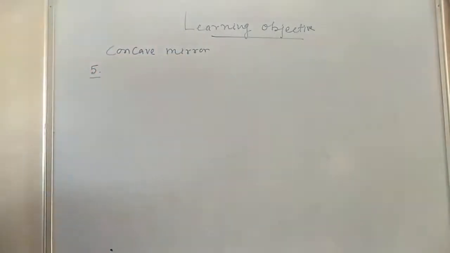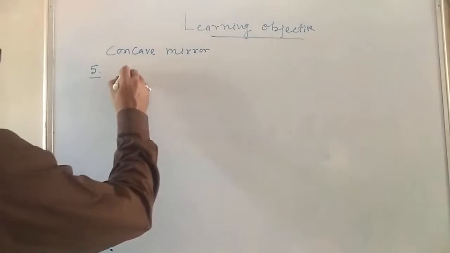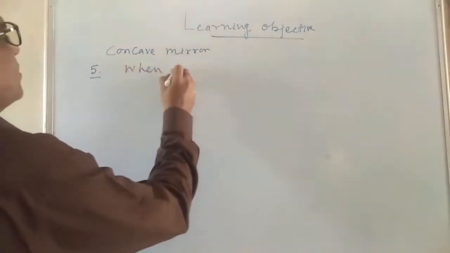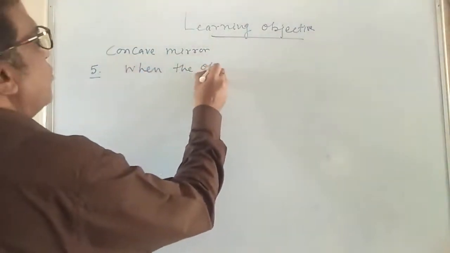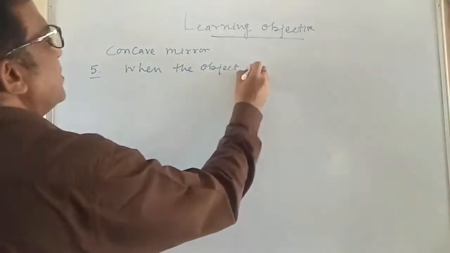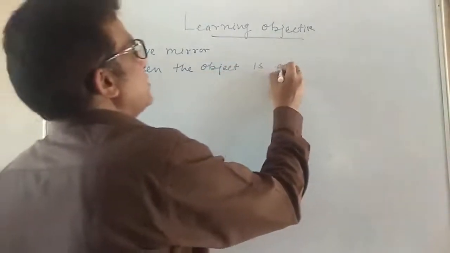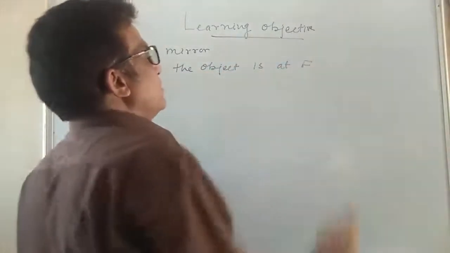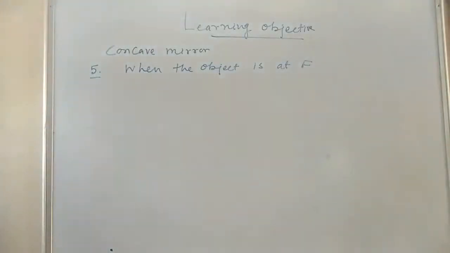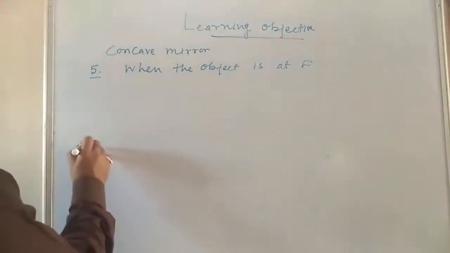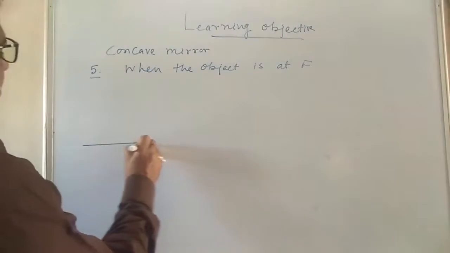Formation of image fifth, that is when the object is at the focus of a concave mirror. Then my dear children, draw the diagram.